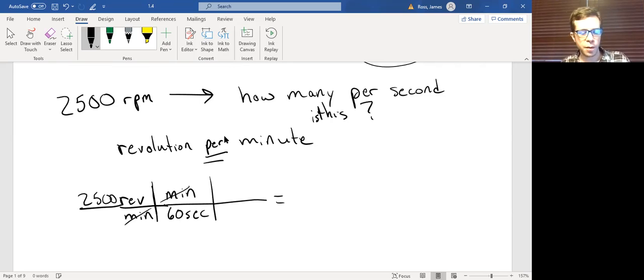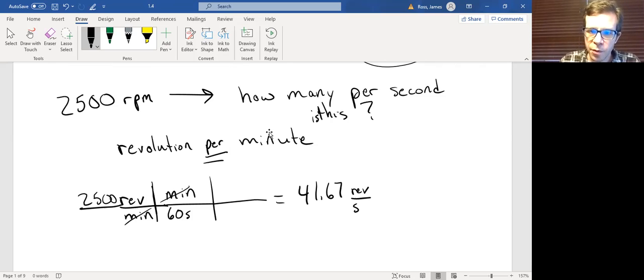And we're left with 41.67 revolutions each second. Our standard for second is s, but sometimes I write sec, and that's just a habit I picked up in the Navy. They use sec. Revolutions per second.